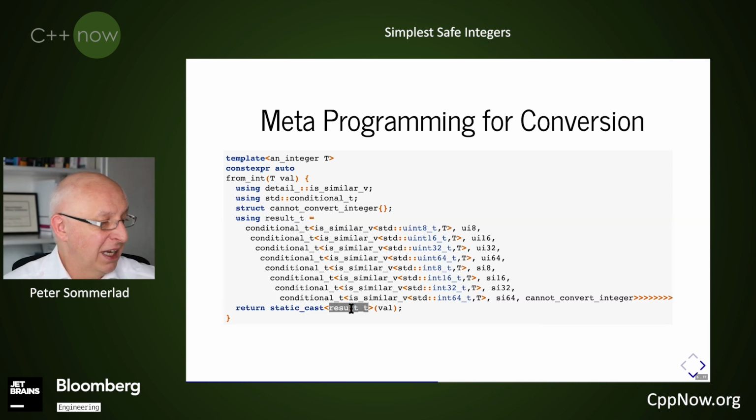And then from our computed result type T, which is one of our 8 safe integer types, we will actually cast to that type and get the corresponding enum value from the original value.